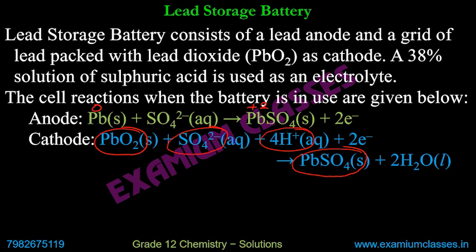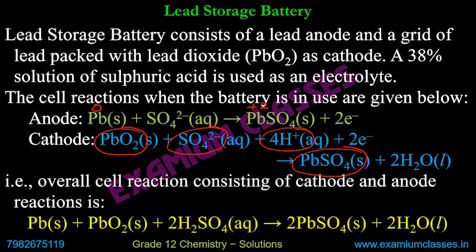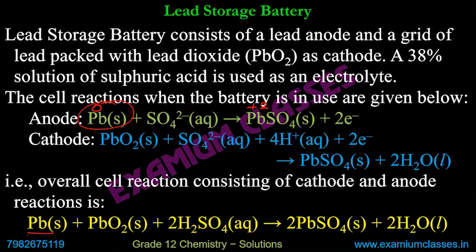And remember, the type of battery we are talking about is a rechargeable battery. Means the reactions can be reversed in a way. That is, the overall cell reaction will be lead plus PbO2 plus 2H2SO4.